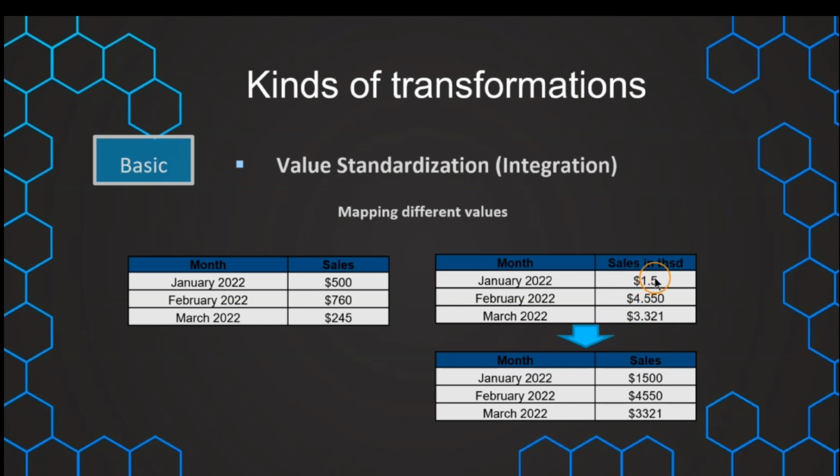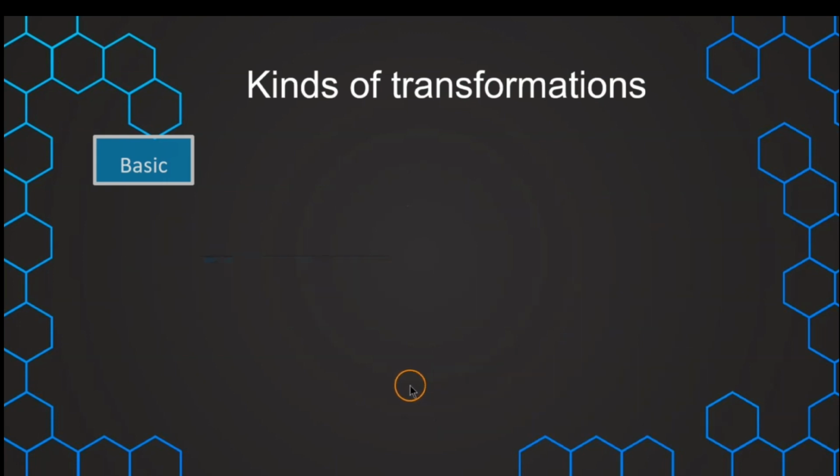This is why we should bring them into one uniform standard, so that we can bring them all together in one table. What we could do is multiply by 1000 and change the data type of this table into whole numbers. Like this, we can bring both of these tables together into one consolidated view.